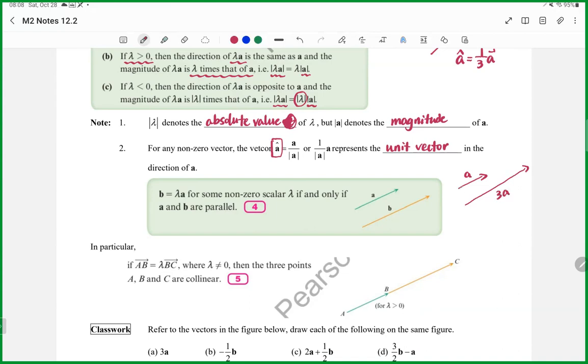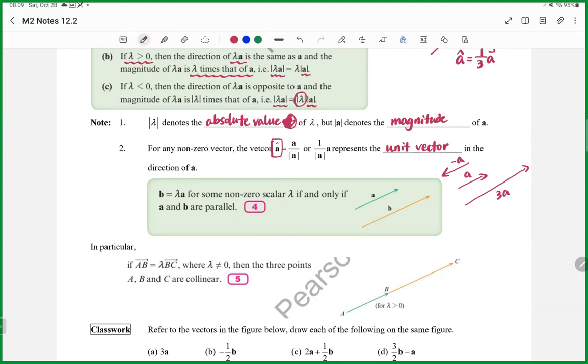Even when this is a and this is negative a, they're parallel. This is very useful when you need to show that two lines are parallel: you show that one vector is equal to a certain number times the other vector.